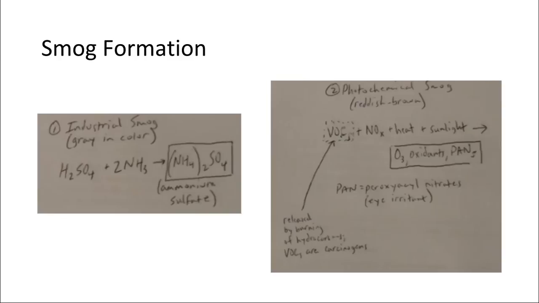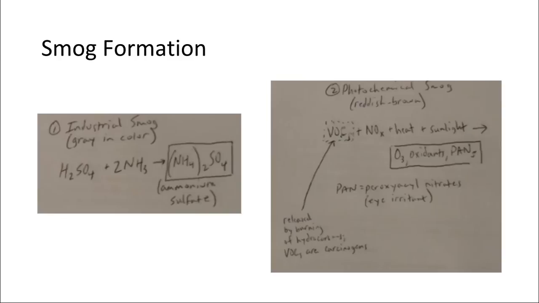And what does not fall out in acid rain will combine with ammonia in the atmosphere to create ammonium sulfate. Ammonium sulfate is the gray colored, smoggy smoke that hangs out over cities that have a lot of industrial outputs of SO2.